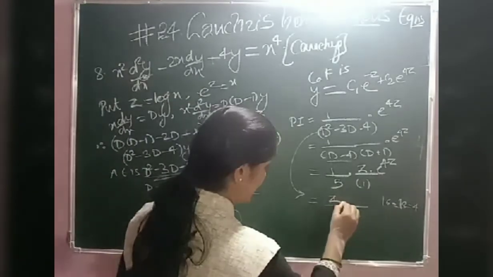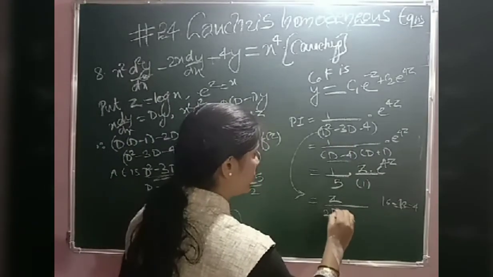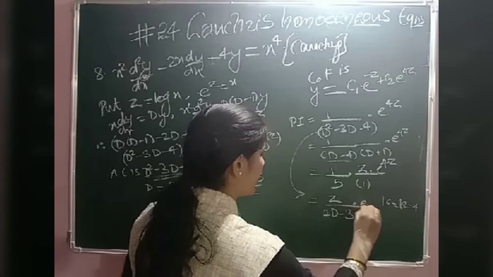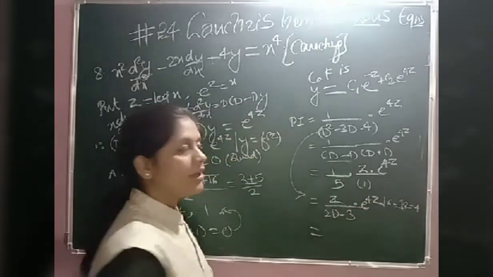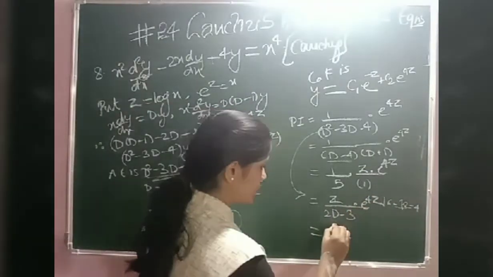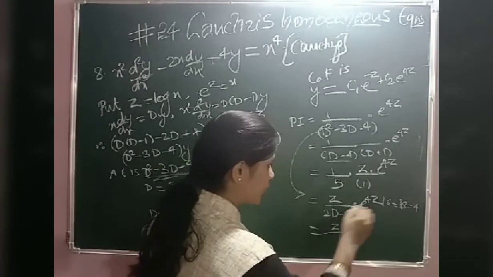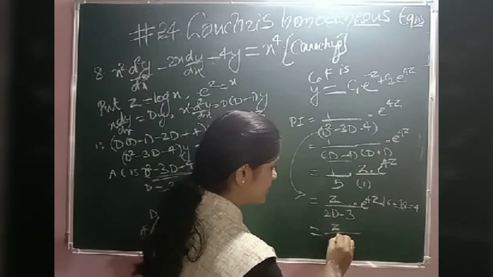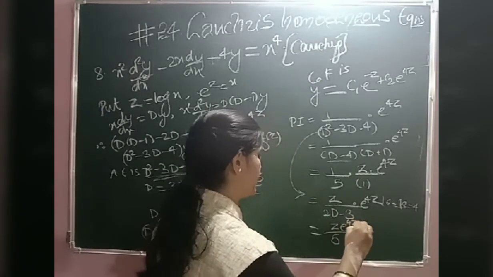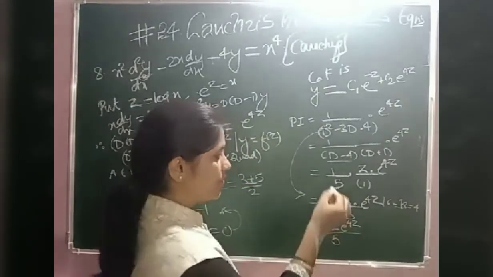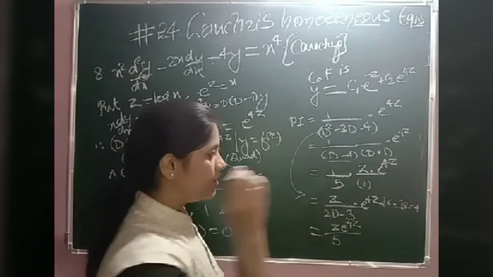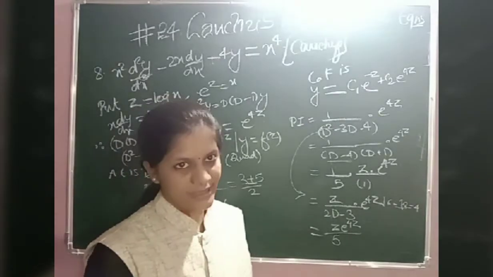So multiply by z and differentiate: (2D minus 3) e power 4z. Next substitute D equal to 4. So z by, 4 twos are 8, 8 minus 3 is 5, e power 4z. So whichever you find easy, either you substitute here or you take this, you are going to get the same answer.